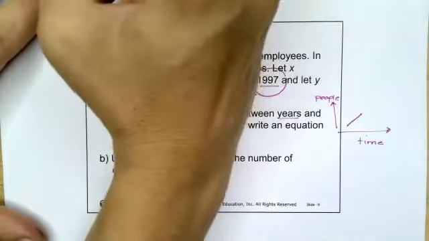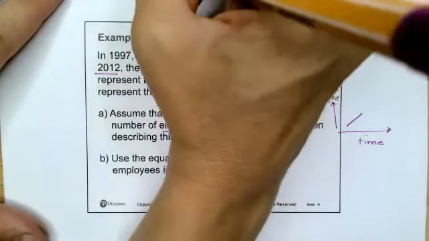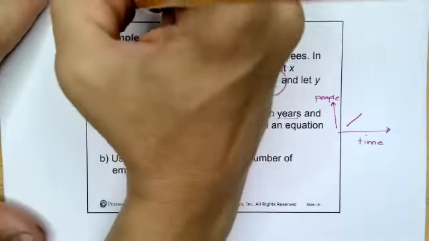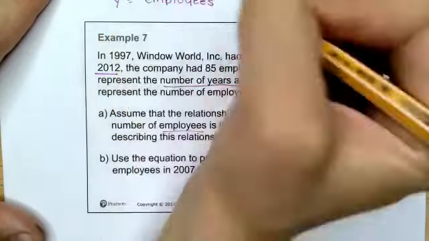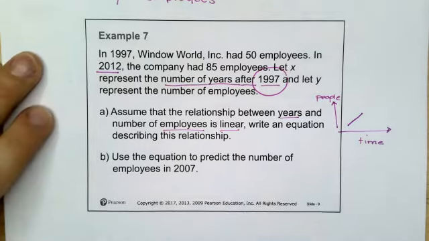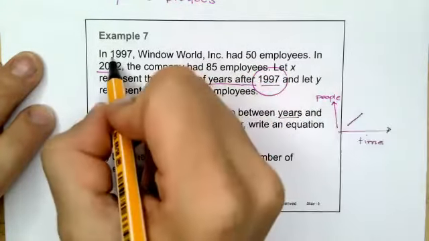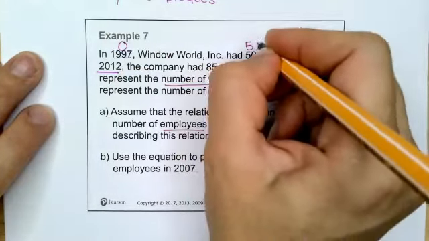X is equal to the years minus 1997. Y is equal to the employees. Right? And all they gave us is that in years minus 1997, so in year 0, we had 50 employees.